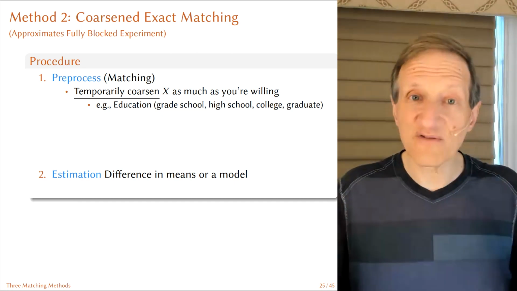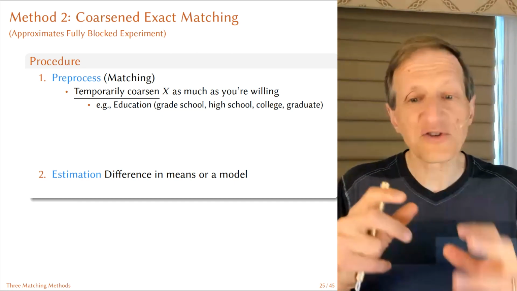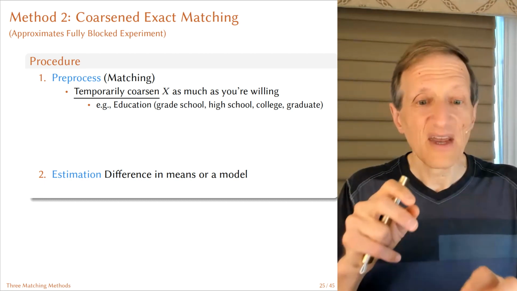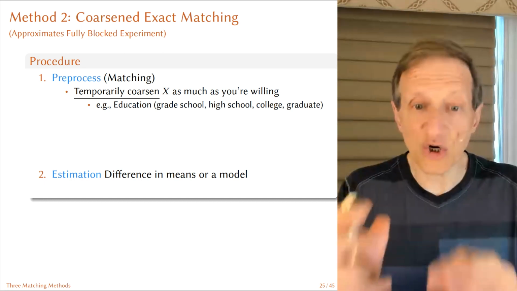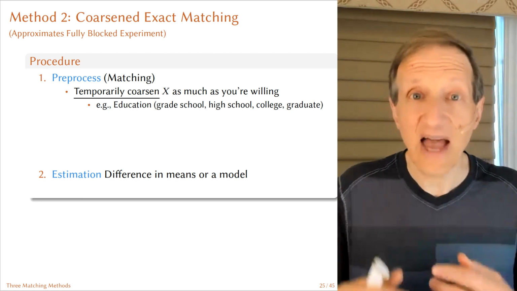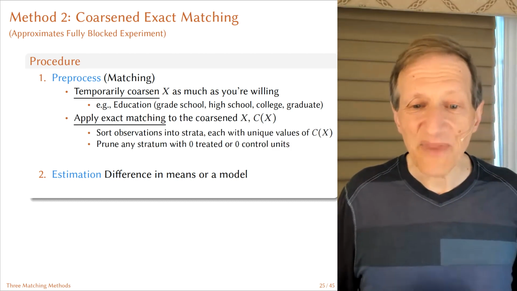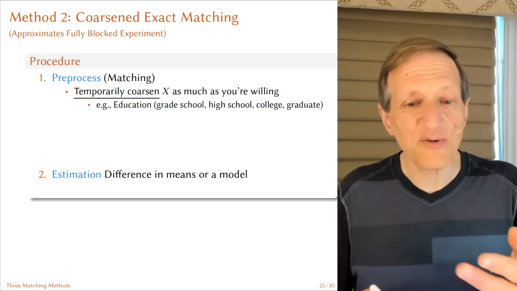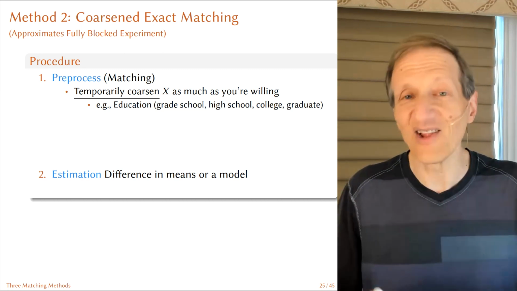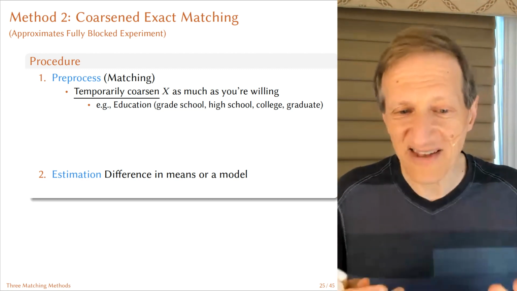If you have years of education, you break it up into grade school, high school, college, graduate school. Those coarsened bins are your choice, right? We often break it up into grade school, high school, et cetera, and so I picked that one as an example. By the way, it's very common. We do this kind of thing all the time when we analyze data, so I think it's familiar.